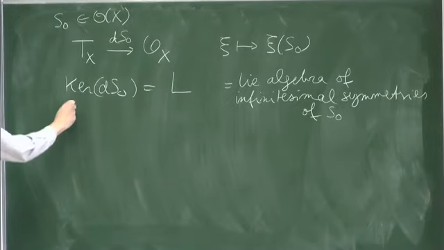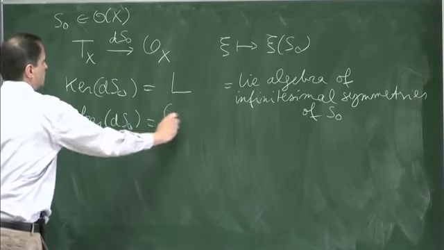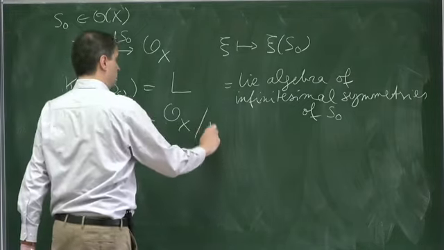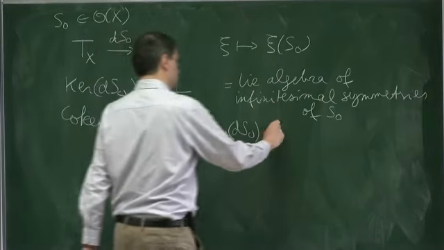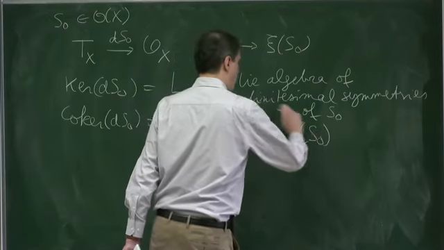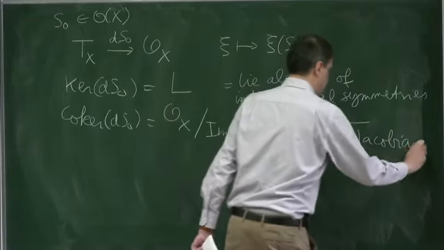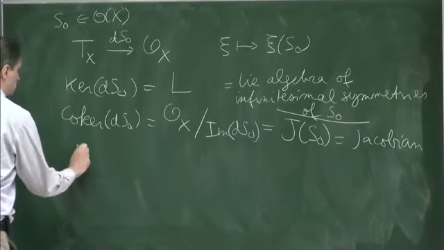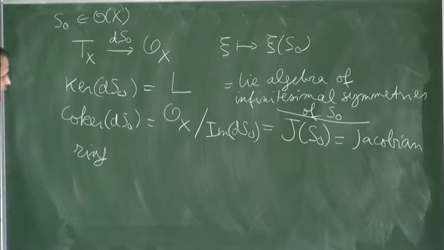And the cokernel is of course OX modulo the image of dS0. It is a ring, a Jacobian ring, maybe I call it J of S0, the Jacobian ring. The functions on the critical set, if you like. It is the quotient by the ideal generated by partial derivatives of S0.